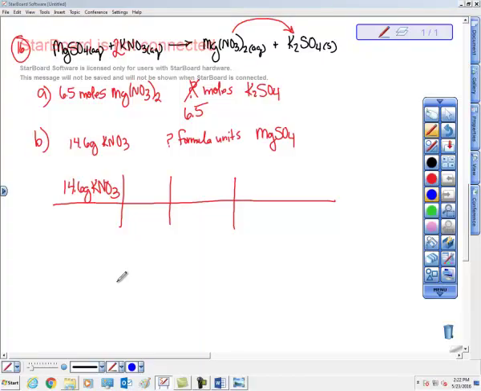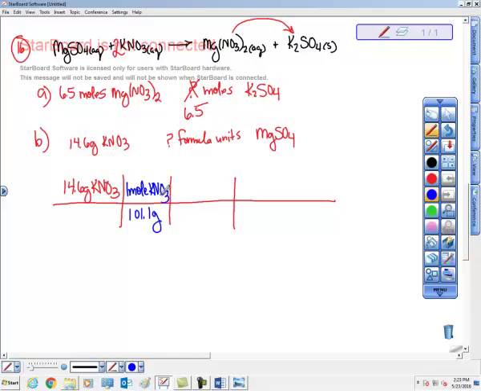Alright, so let's get that KNO3 molar mass. Potassium, be careful, is 39.1. Nitrogen is 14, and oxygen is 16 each. I got 101.1 grams per mole, so I'm going to put the 101.1 grams down on the bottom to cross cancel, and that is equal to 1 mole.